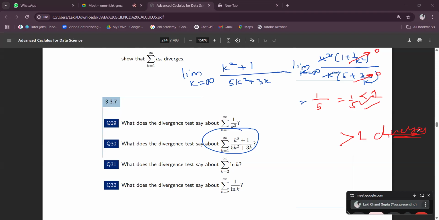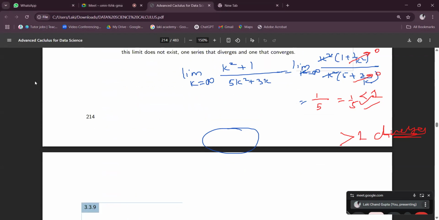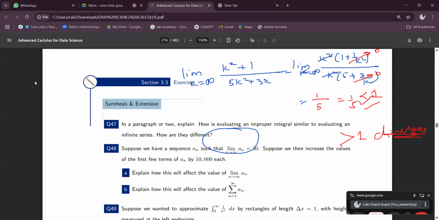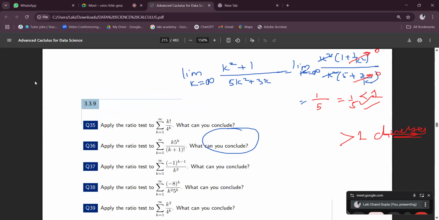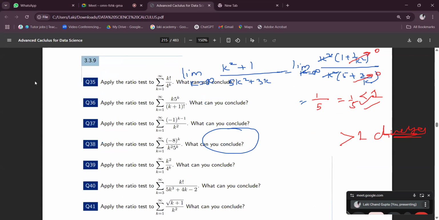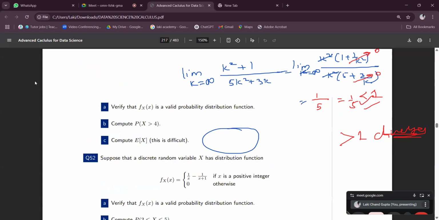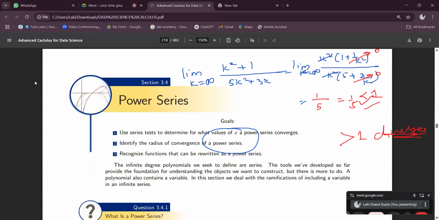You can go through it. So you do not need to do all the questions, it is not important. You just understand the concept. Okay.